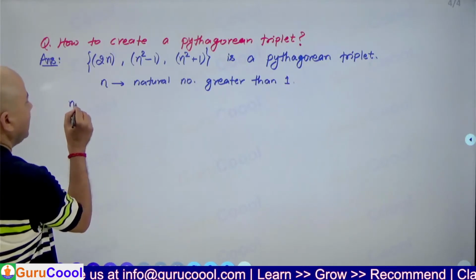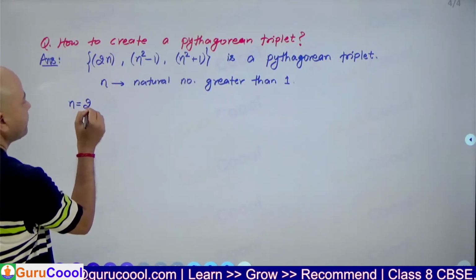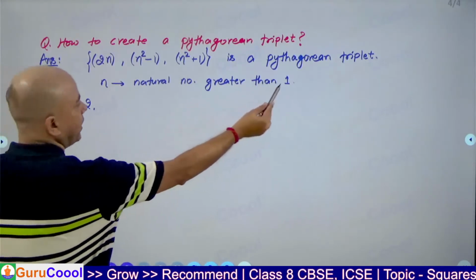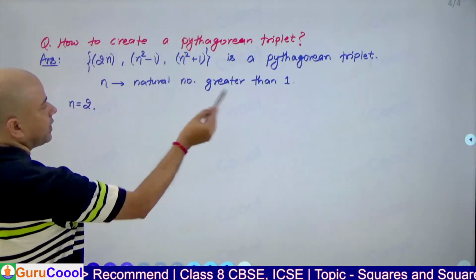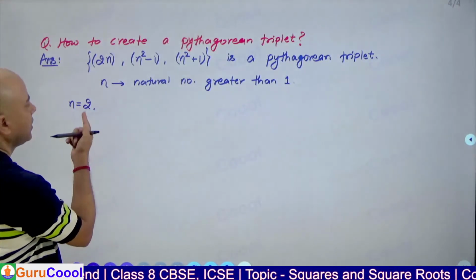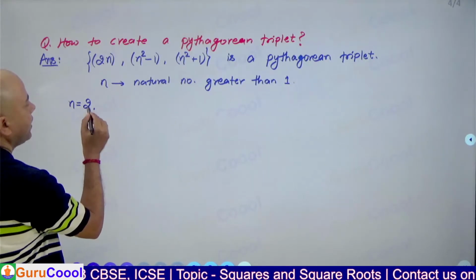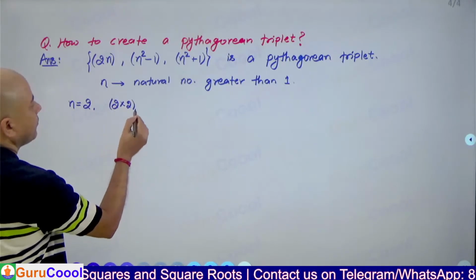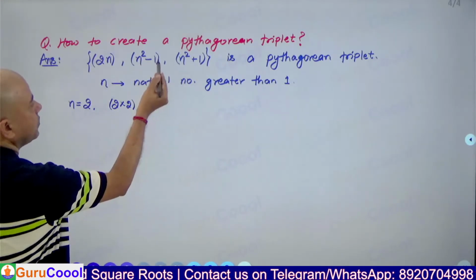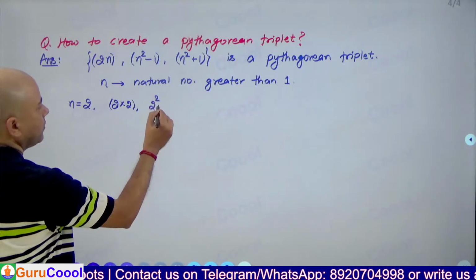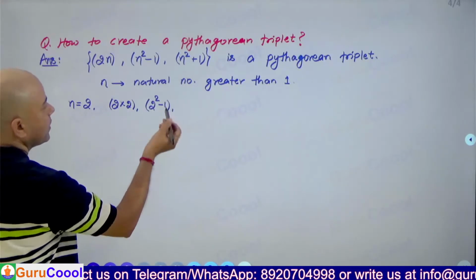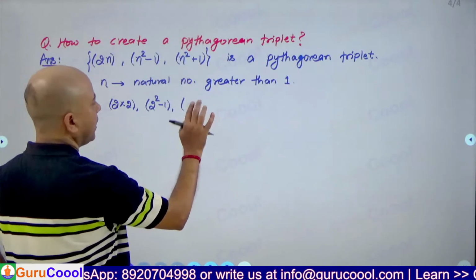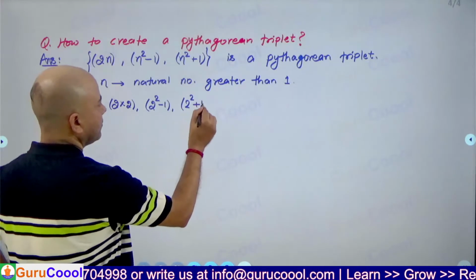Greater than 1. If we take n is equal to 2, see what happens. We can't take 1. We have to take a natural number greater than 1. So I'm taking 2. It's greater than 1. If I take 2, then 2n means 2 times 2. n square minus 1 means 2 square minus 1. n square plus 1 means 2 square plus 1.